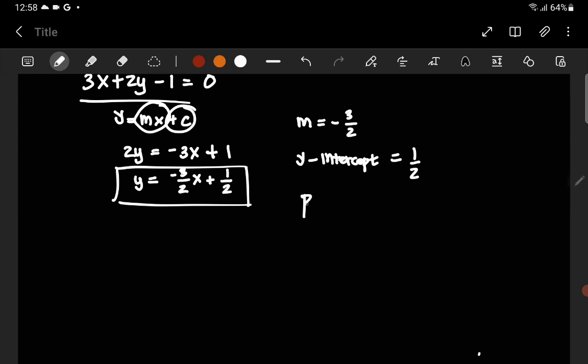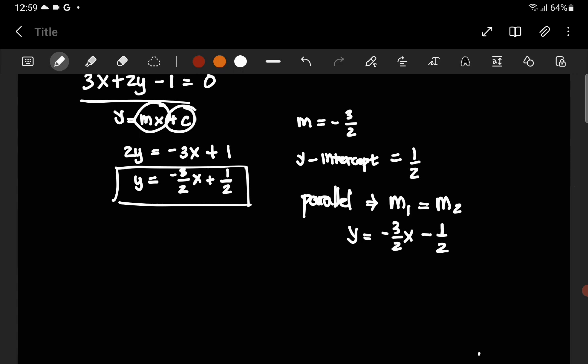Remember, if it's parallel, then the gradient of line 1 will be equal to the gradient of line 2. So if it's parallel, then I can say y is equal to negative 3 over 2 x, and then minus half. This one is parallel to the first one. Why? Because the gradient is the same.